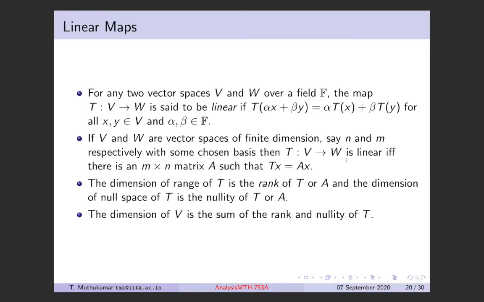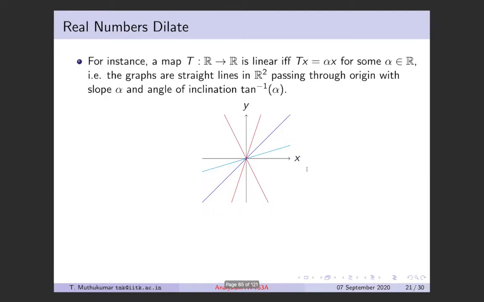And from this result, we know that every linear map from R to R is actually a 1 cross 1 matrix, and a 1 cross 1 matrix is just a real number. So every linear map can be given as a real number multiplied with the argument. That's what this result says. So the linear maps from R to R can be associated with real numbers.